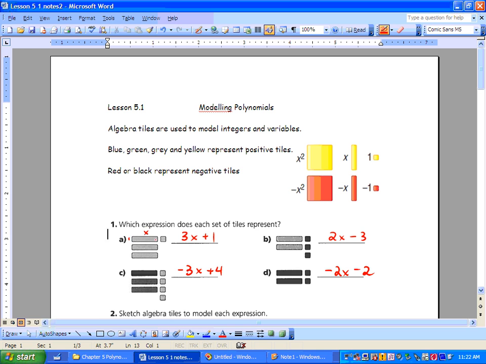We have 3 of these, so we have our 3x. And we have 1 of these, and it's positive, so we get 3x plus 1. Over here, we've got 2x, and if you notice, this is our x right here, minus 3. We have negative 3x plus 4, and then negative 2x minus 3.